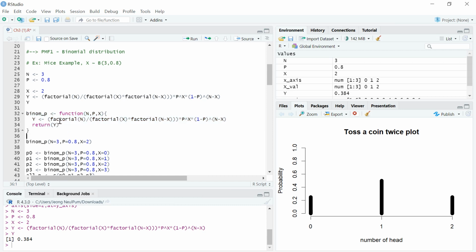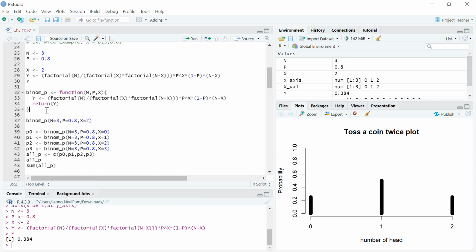With the function command and some arguments as we need, we can make our own function, which is not already in our programming. We want to get the probability from our own arguments, and we get the result from the return value here.